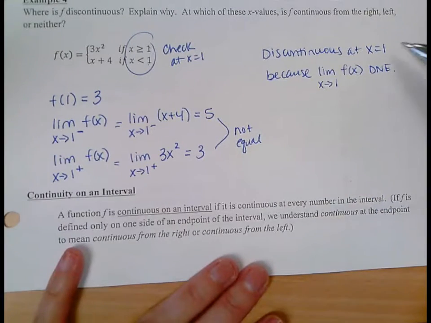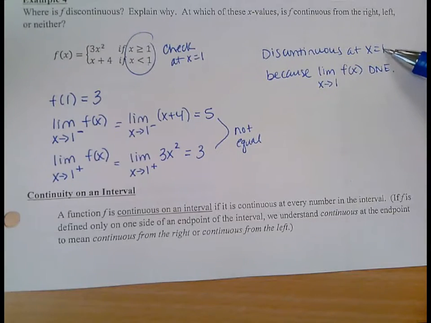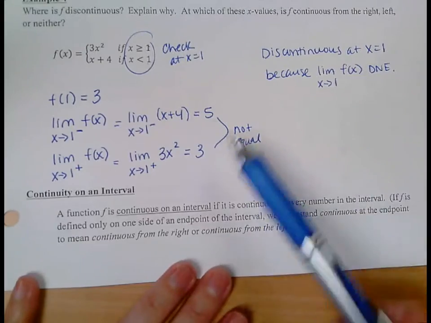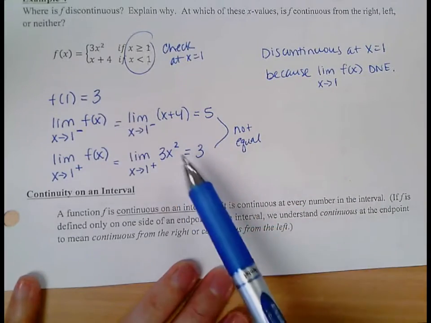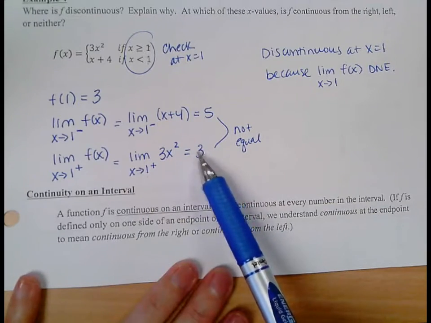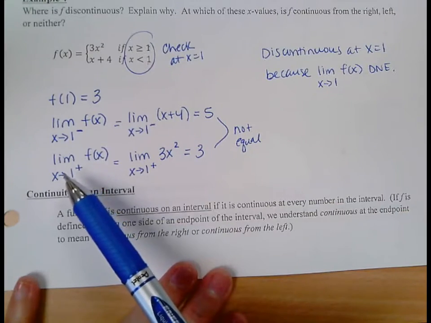So then, now at the x value 1, I can go further and say, is it continuous from the left, right, or neither? So my function value is 3. I can see the limit from the right is equal to 3, meaning at x equals 1, this function is continuous from just the right side.